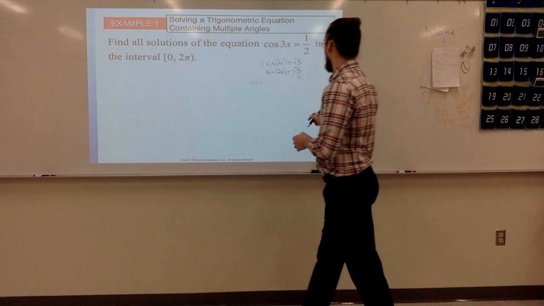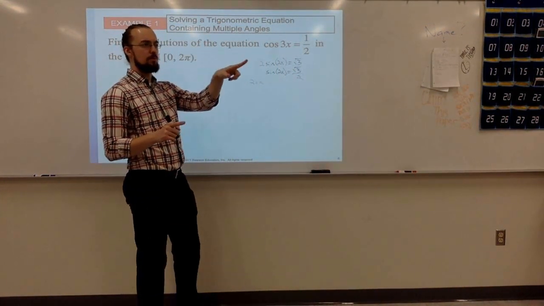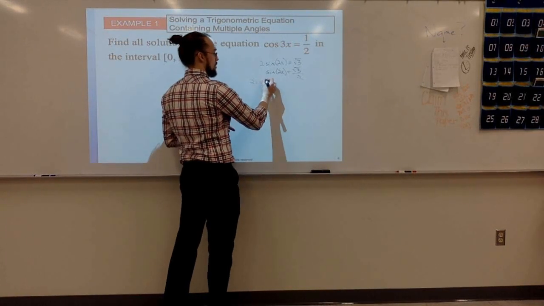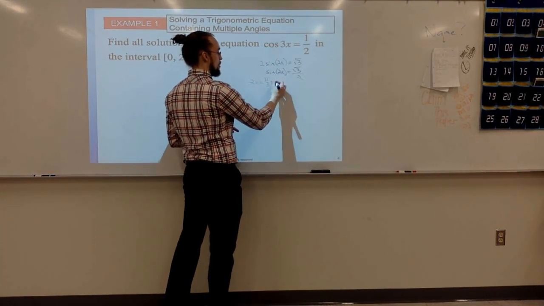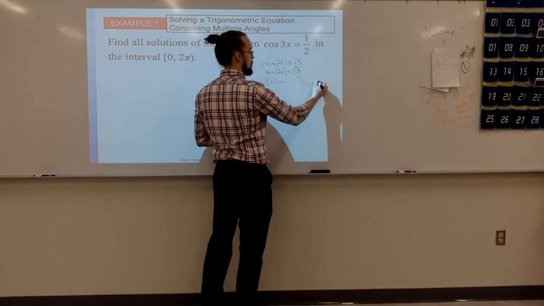Alright, so where does sine equal square root 3 over 2? Pi over 3 and 2 pi over 3. Plus pi n.